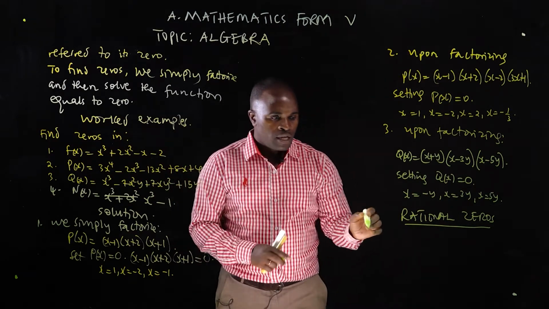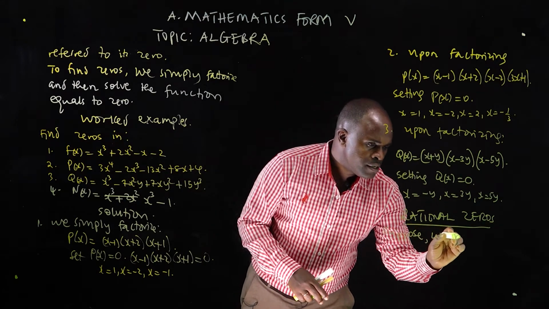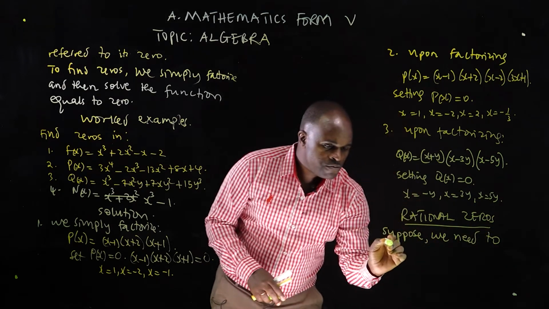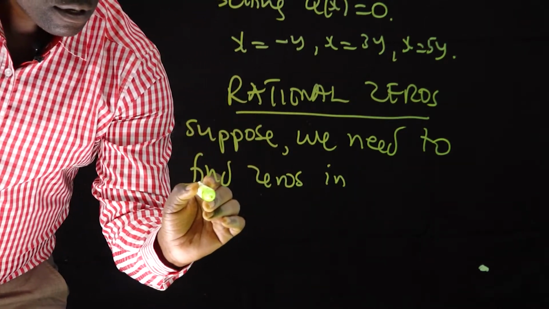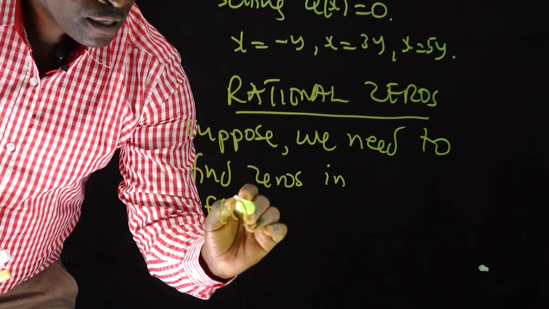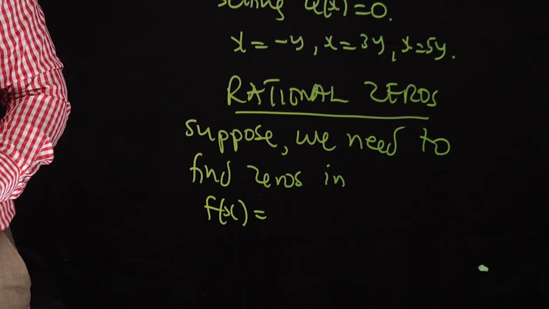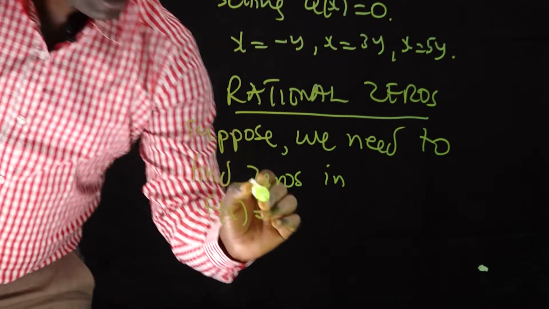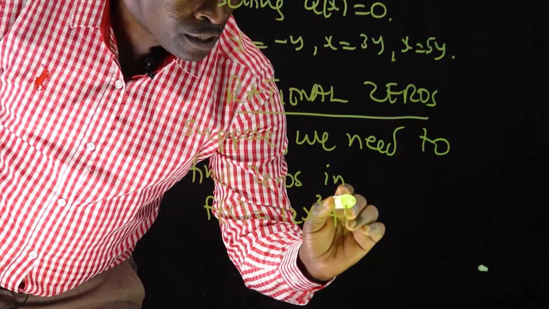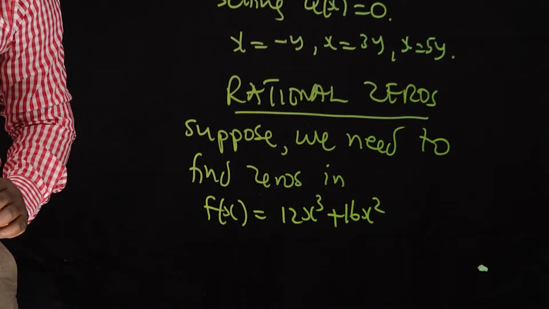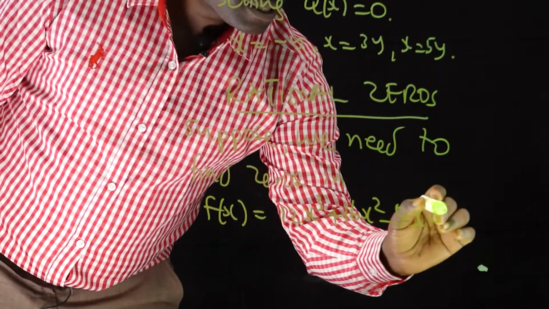We say, suppose we need to find zeros in f of x equals to 12x cubed plus 16x squared minus 5x minus 3.